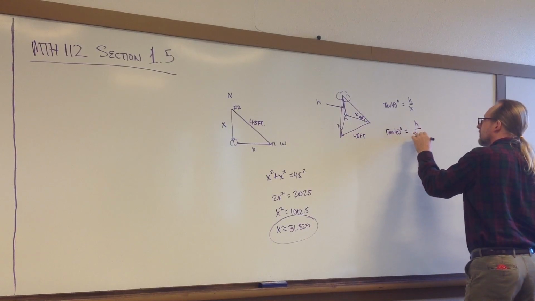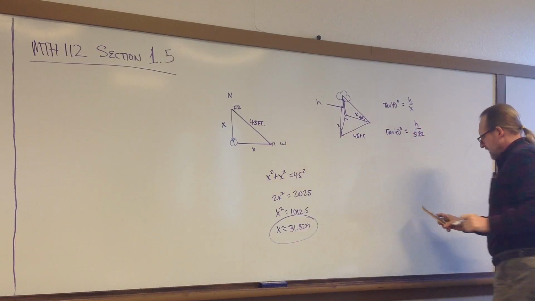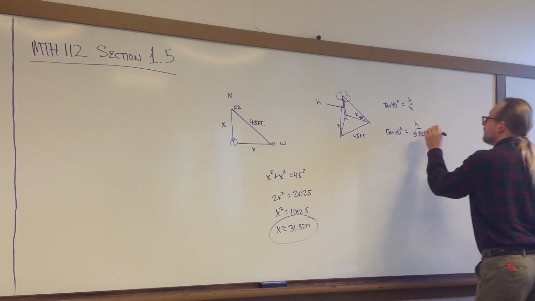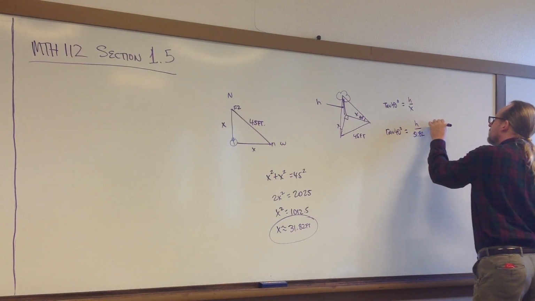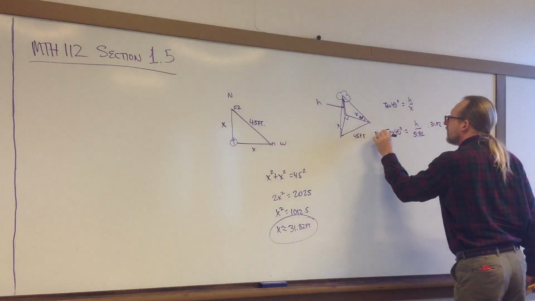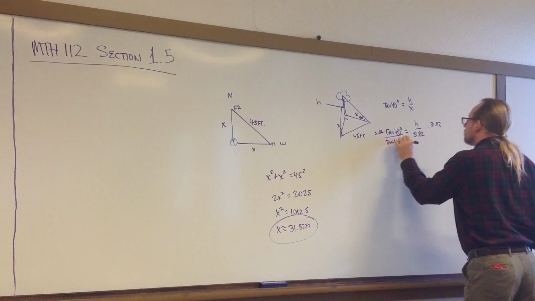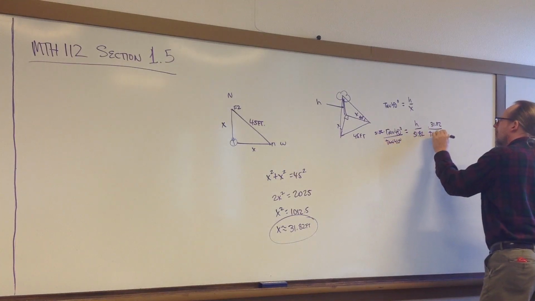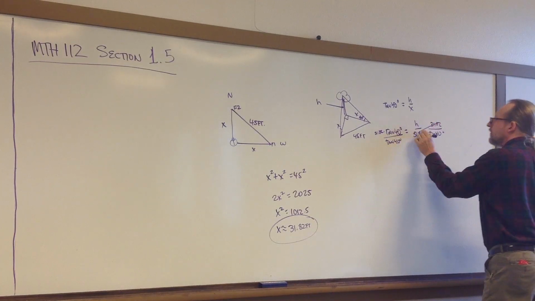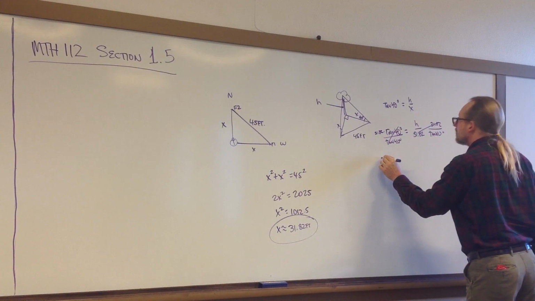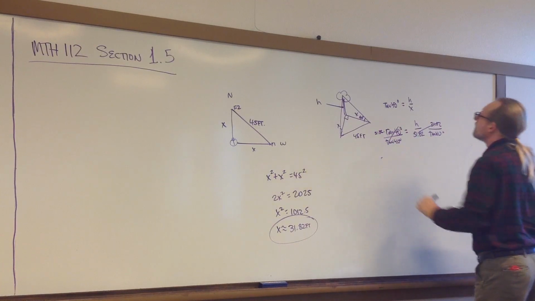Okay, so that's good to know because now we can come over here and say tangent 40 is H over 31.82 feet. And so that means if we multiply on both sides by 31.82 and divide on both sides by the tangent of 40 degrees, those cancel, and what do we get here?